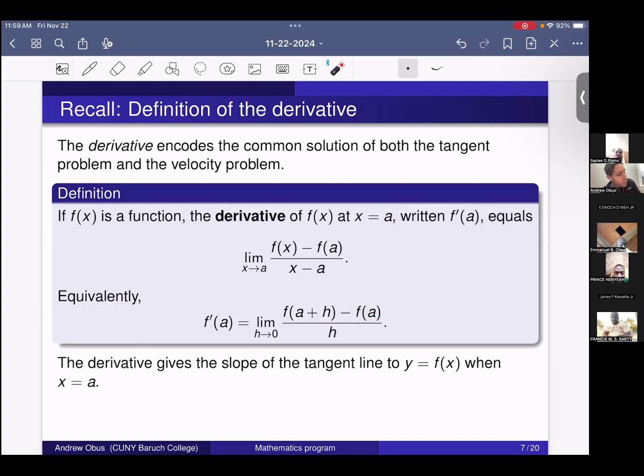So what I really want to do is think of this derivative actually as a function. Remember what a function is. A function has an input and gives an output, or it has inputs and it gives an output for each input. So I want to think of a here as the input and this limit as the output. And that's going to be a new function, which we call the derivative.